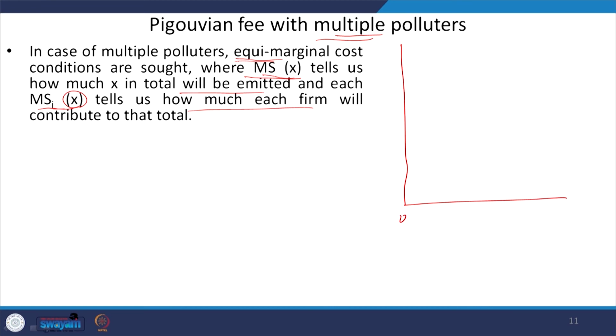So, in the x axis we are taking into account the pollution, okay, and in the y axis we are taking into account the price.